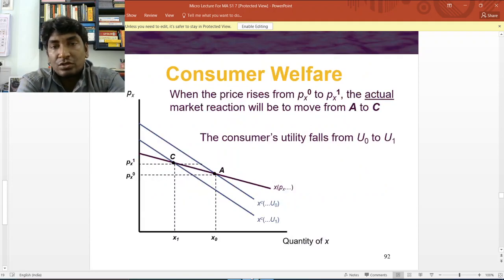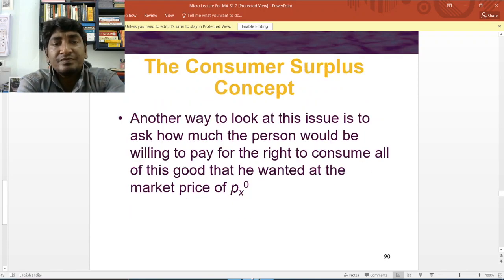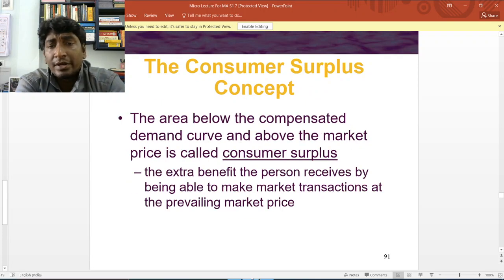This is what is being given here: this portion, Px1, that rectangular space. This is what is normally treated in a Marshallian sense of surplus, the extra benefit the person receives by being able to make market transactions at the prevailing market price.